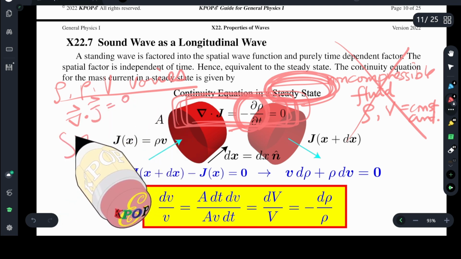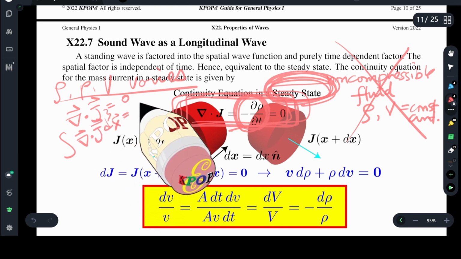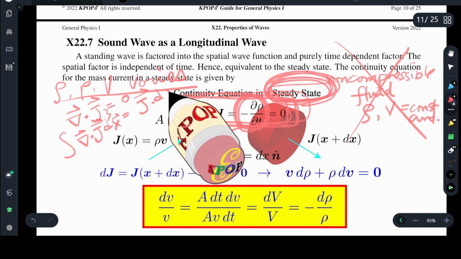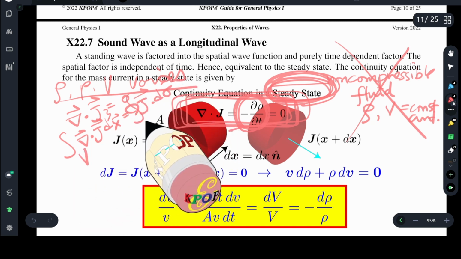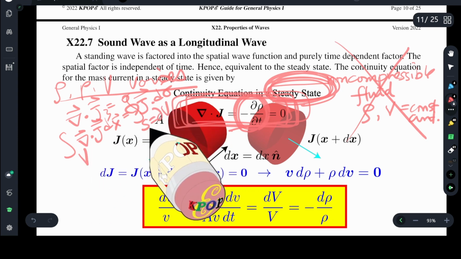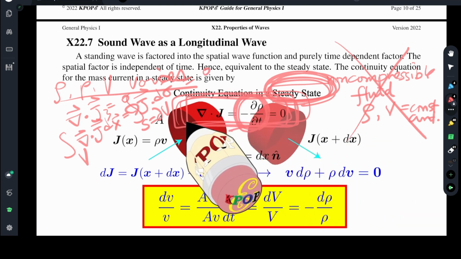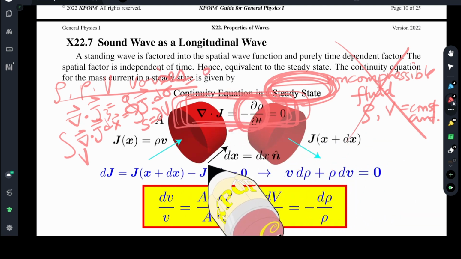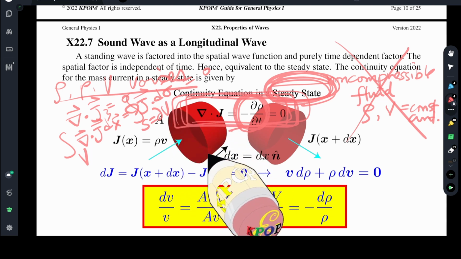If divergence J is 0, the divergence theorem can be used. The flux over the closed surface surrounding this volume must be 0 too. And because we are considering air trapped inside the cylinder, the cross-sectional area is invariant.